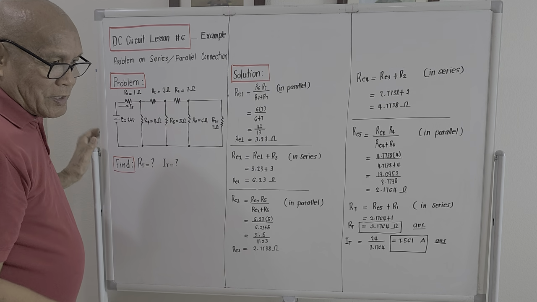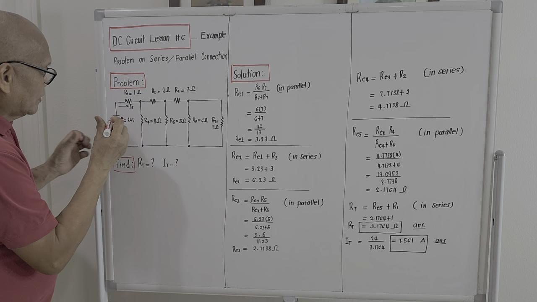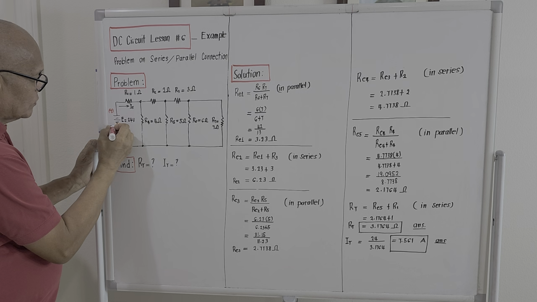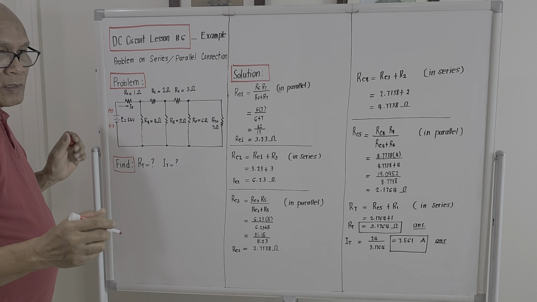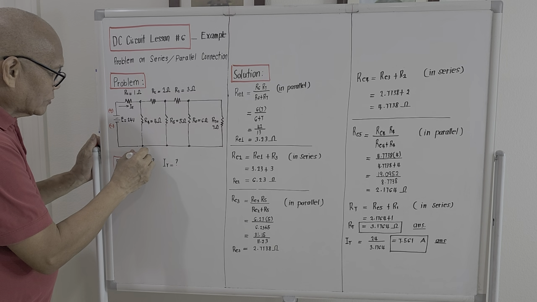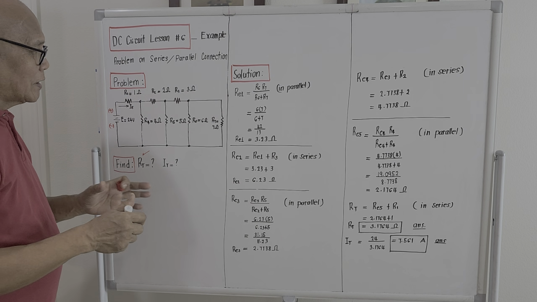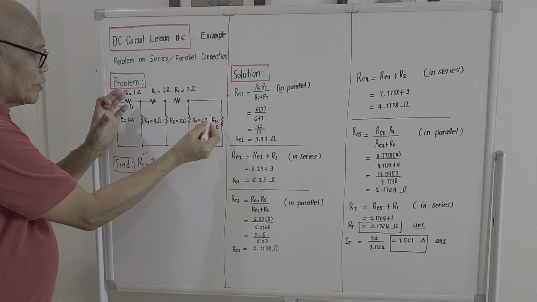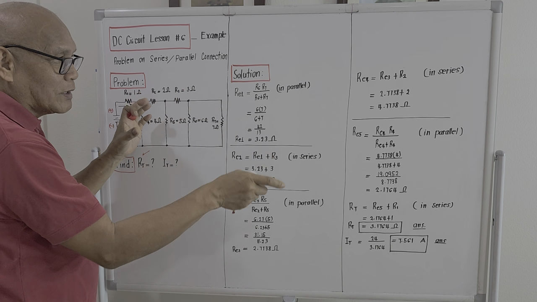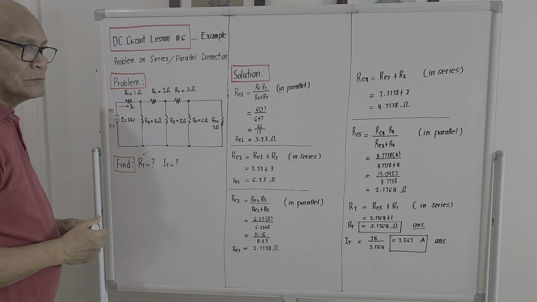The applied voltage is a battery, and the voltage of the battery is 24 volts. So this should be the plus terminal, and this should be the negative terminal. The problem is just asking what will be R total equal to. R total meaning the total resistance of the entire circuit. If we try to compress all the resistances as a single equivalent resistance, what will be R total equal to?